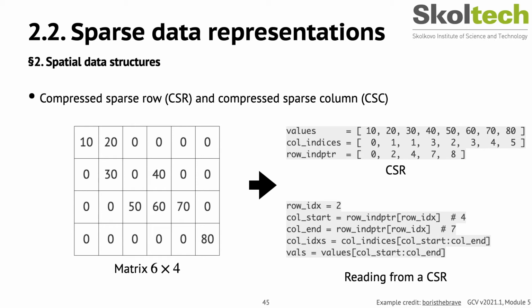A slightly more sophisticated format is called compressed sparse row. CSR uses three separate arrays: values, column indices, and row index pointer. To fill them, we first get the COO entries for the sparse matrix, sorted by row, then column.